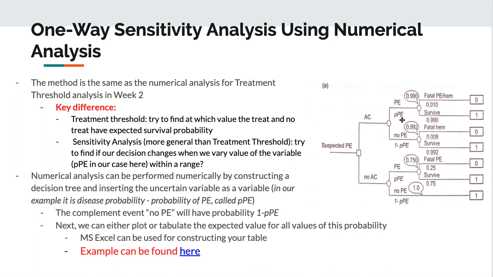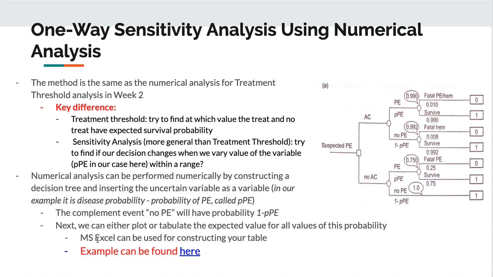So here's the variable. We try to vary the values, and then based on all the other parameters, we're going to calculate the expected value of AC and the expected value of no AC options. And then we're going to compare which option is going to be recommended based on the range or the new value of the PPE. In order to do that, we can either plot or tabulate the expected value for each of the options.